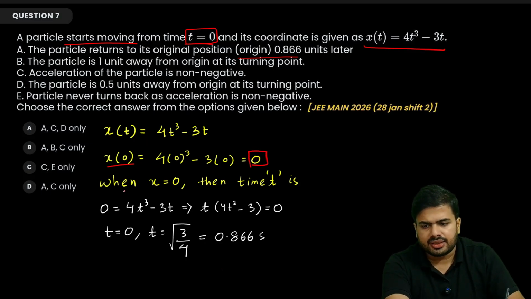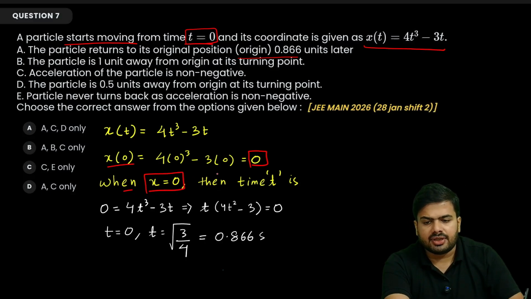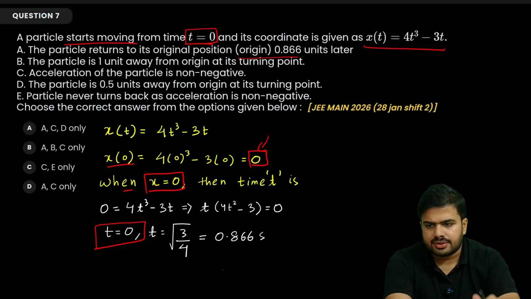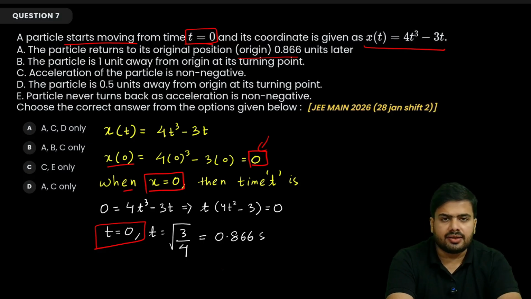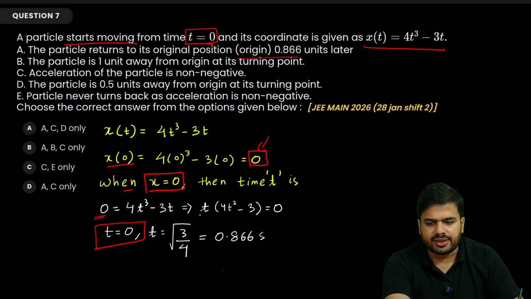Now similarly, if I take x equals 0 and find the time here, then definitely one time I will get 0, because by putting time t equals 0 we already got x as 0. It is starting from origin. If you want to find another time where x is again 0, I took the x value as 0 and calculated the time.